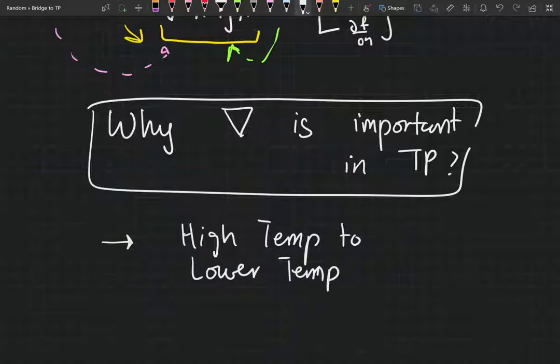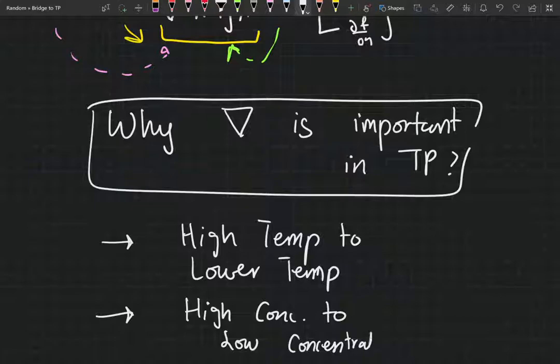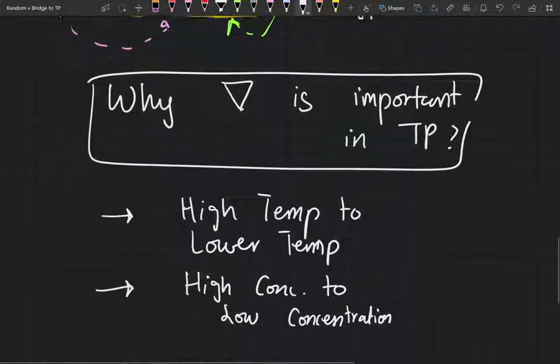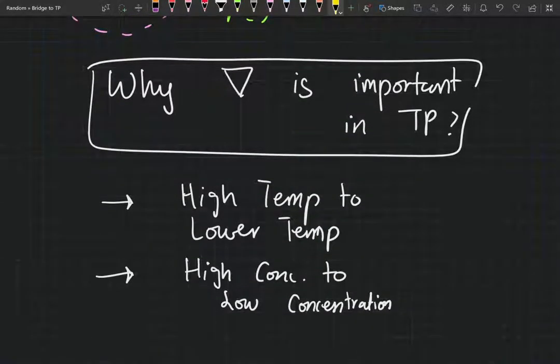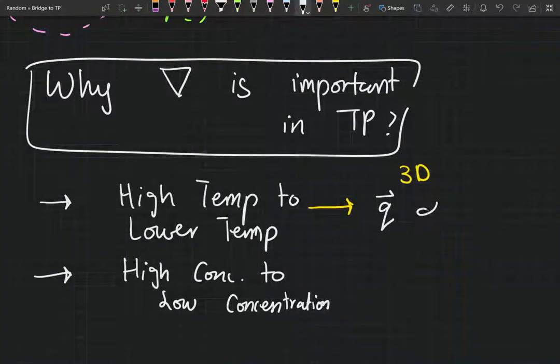We know that diffusion occurs from high concentration to low concentration. We know that intuitively. We've all observed that in our beverages, the cooling of our coffee, etc. And in order to model these in 3D, we're going to say that the rate of heat flux is proportional to the negative of the gradient of temperature.